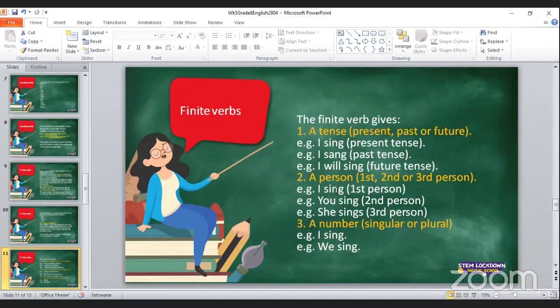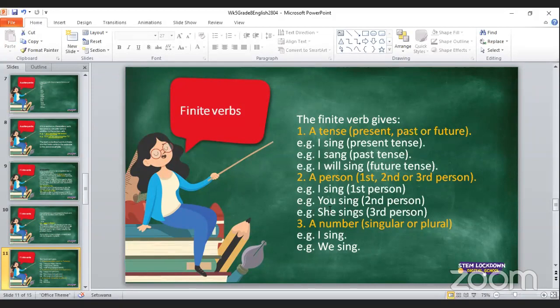The second one, you sing, is in the second person. The third example, she sings, is in the third person. That is given to us by the word she and also by the letter S, which is added to the word sing.